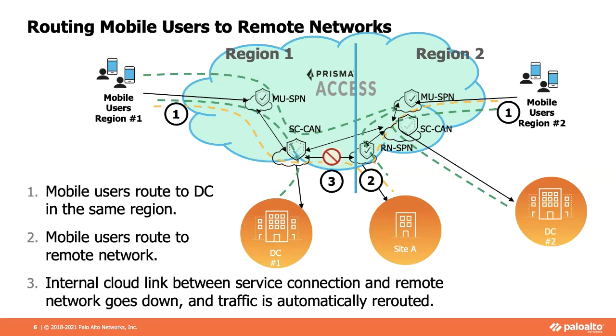So when we start putting this all together with mobile user security processing nodes, portals and gateways for mobile users, which we call the MUSPNs when we're talking about Prisma Access, we have the ability for mobile users and remote users in these remote networks to reach any network within a single hop.